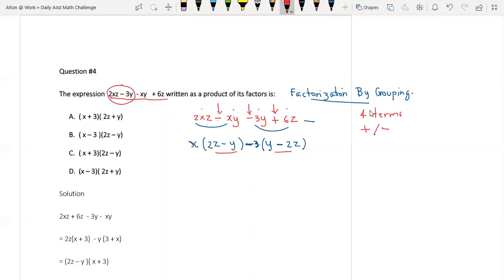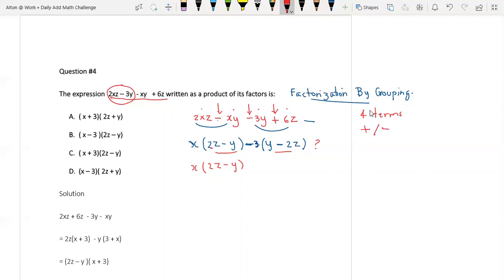But the opposite is here. It's positive y and a minus 2z here. So therefore, we need to rearrange this in terms of how we factorize initially so that both pairs of brackets, or the factors, are identical.